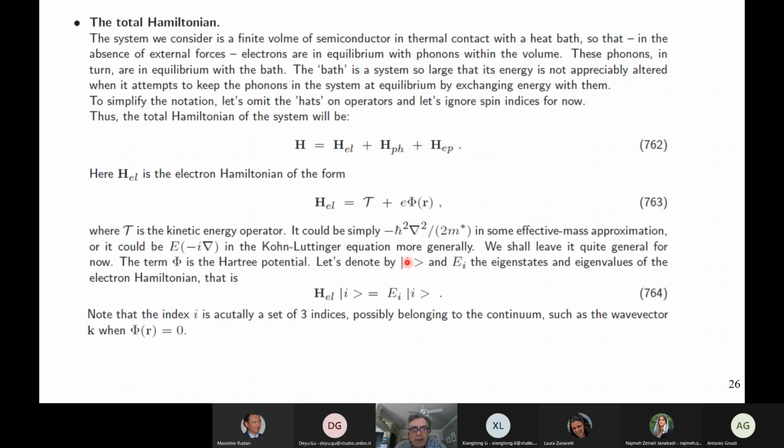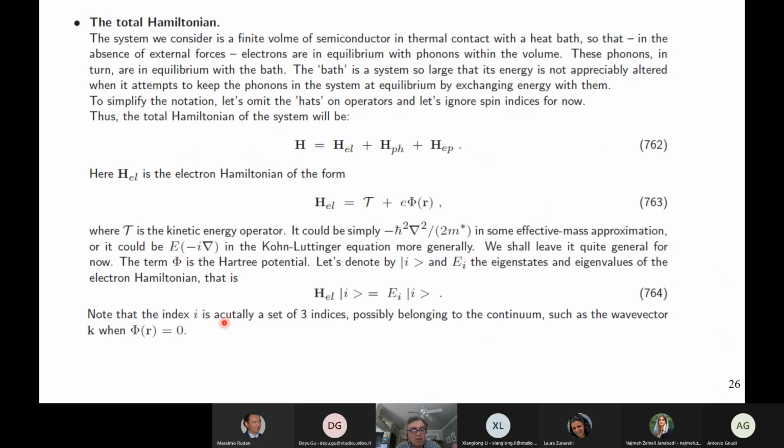So I will denote by little i, j, k, and so on, the eigenstates of the single electron Hamiltonian over here, with eigenvalues given by E sub i. This index i can be a general label. It can be a set of labels, kx, ky, kz. If the potential is 0, these are plane waves.